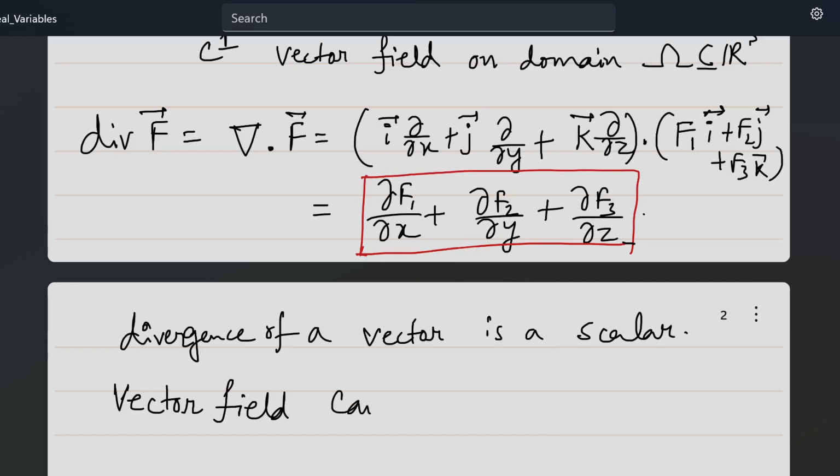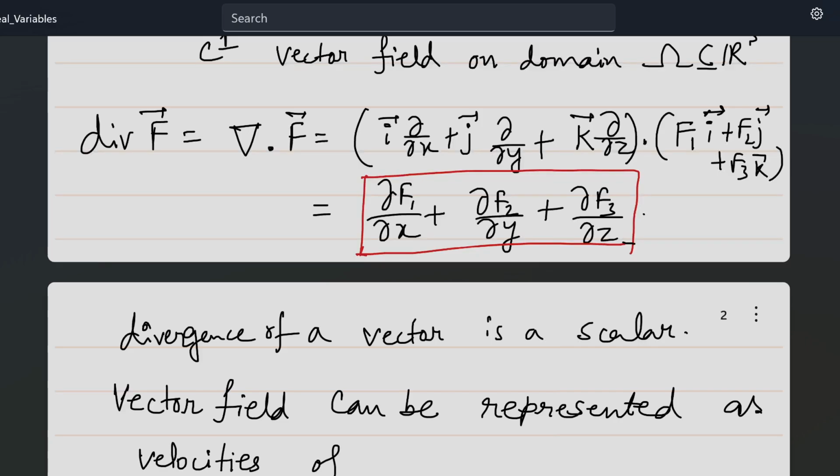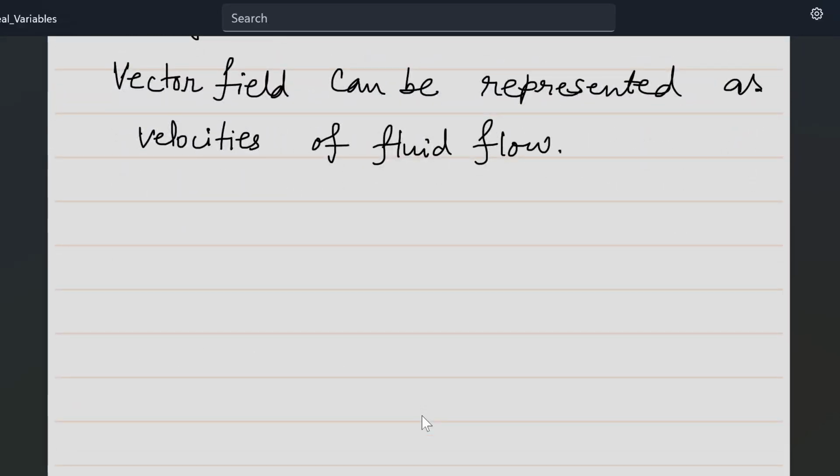A vector field can be represented as fluid flow, velocity of fluids. Suppose divergence represents how much this fluid tends to flow out of a small region. That means there is something called source and sink.